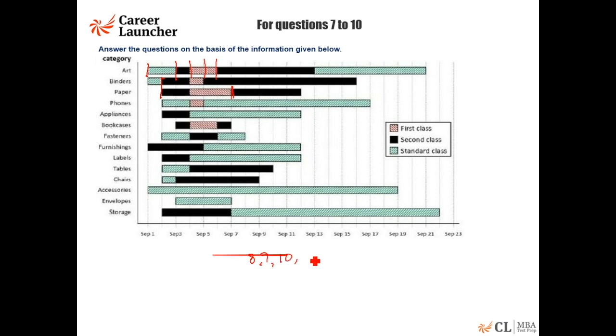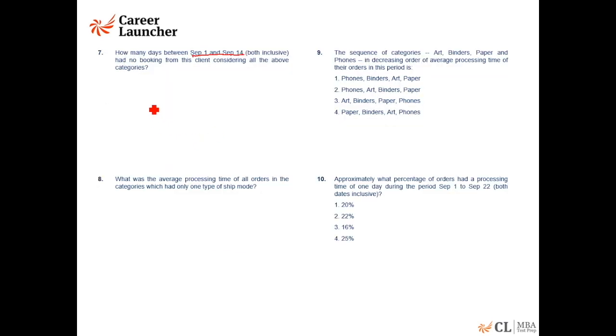September 8, 9, 10, 11, 12, no booking on these days. What about September 13? There's a booking on September 13. What about September 14? Nothing. So 8, 9, 10, 11, 12, 14, 6 days. So it is going to be 6 days in the period from September 1 to 14. Which days? 8th, 9th, 10th, 11th, 12th and 14th. There was no booking from this client.